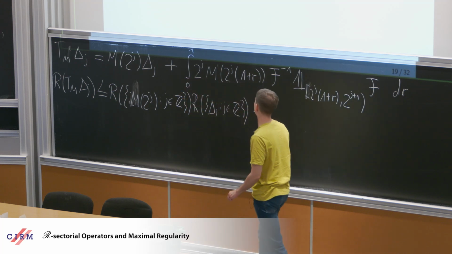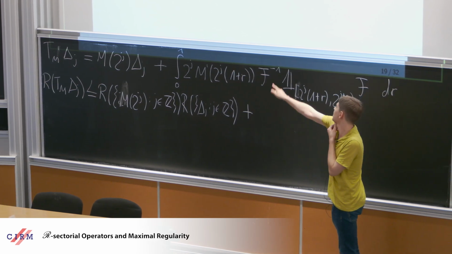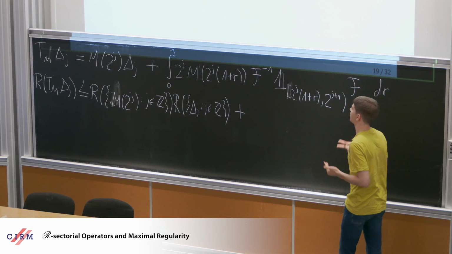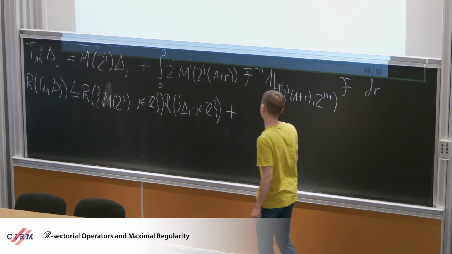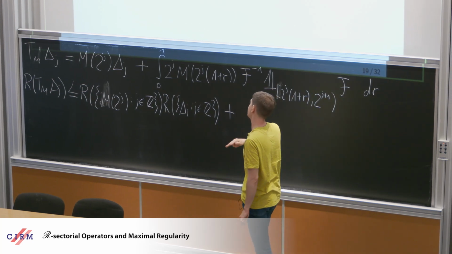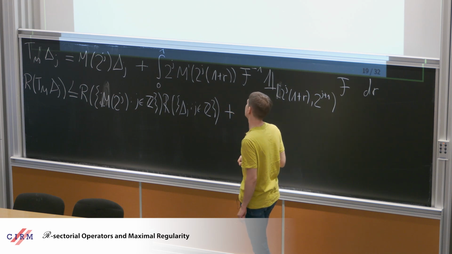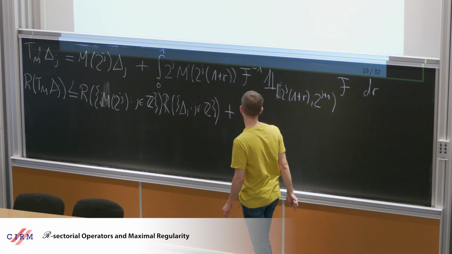Plus, and for the second term, we use the convexity of R bounds, so we can interpret this integral as some convex combination. And we have seen already that the R bound is preserved under convex combination and even in some closures with respect to the strong topology. So we can even pass to the limit.